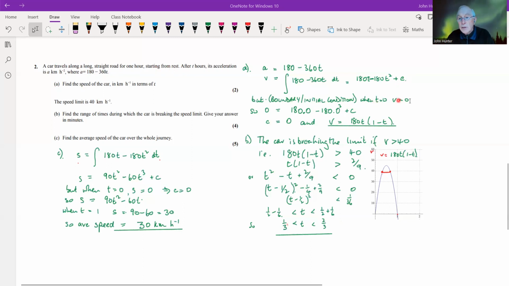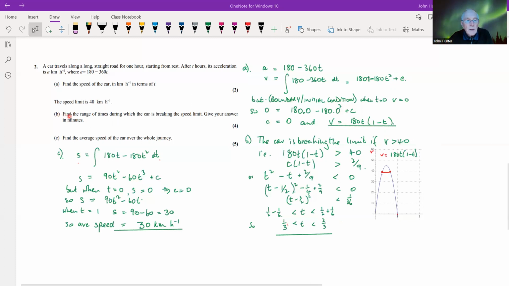That means when t equals 0, v equals 0. So we can substitute those into this equation, and that simply gives us c equals 0. And then we've got our fully formed specific equation, which here I've written down. I've actually factorized 180t out of there to give us this expression here.